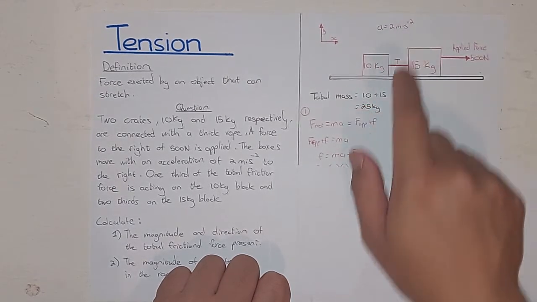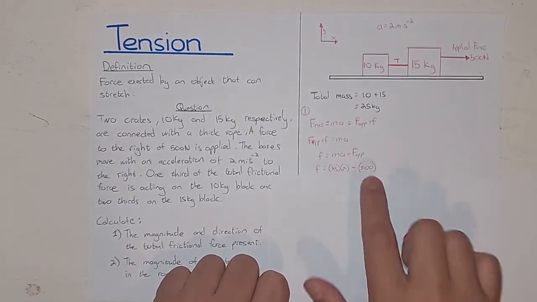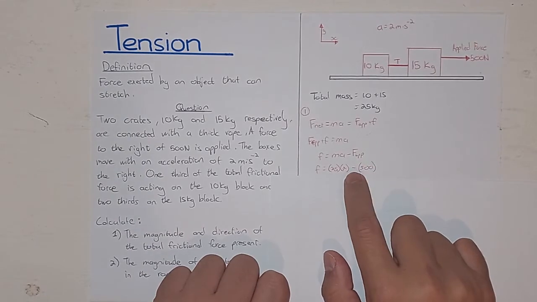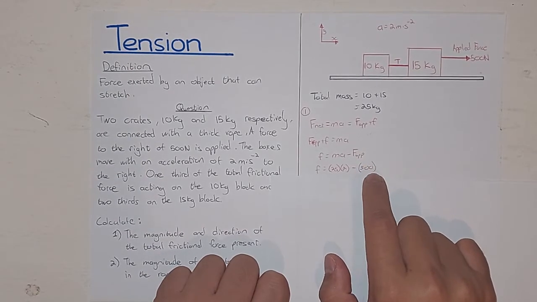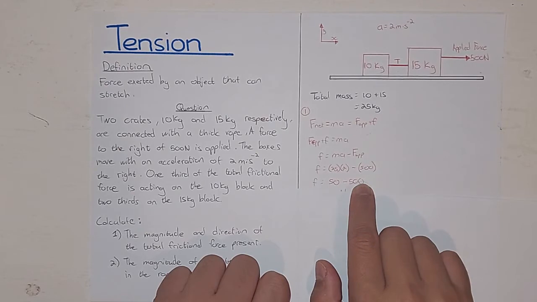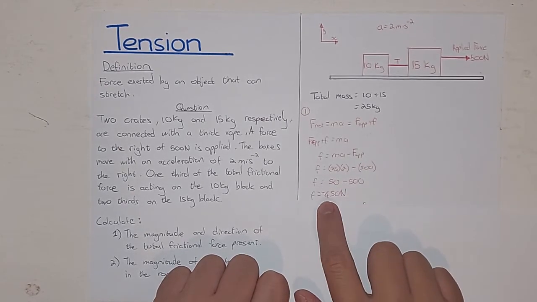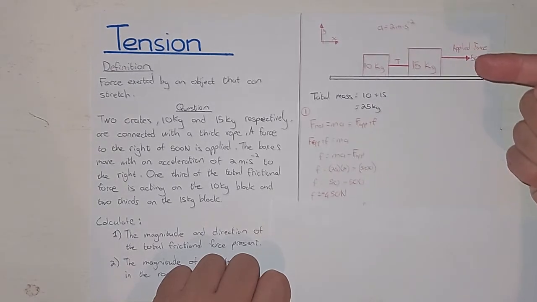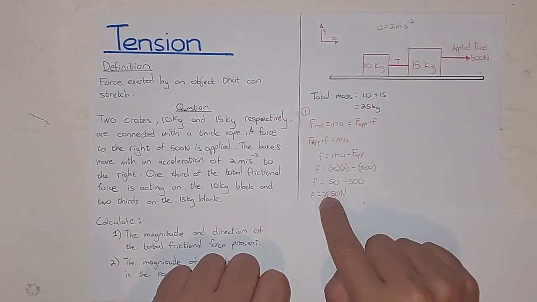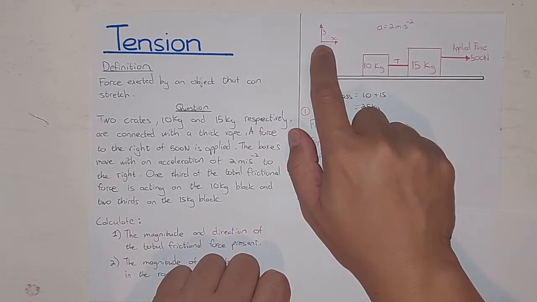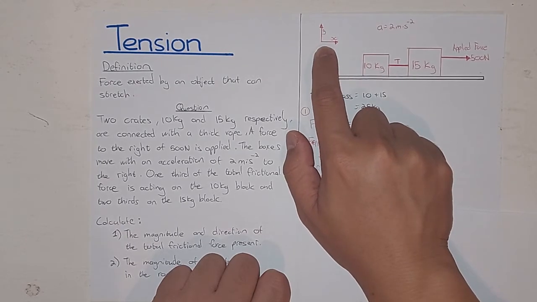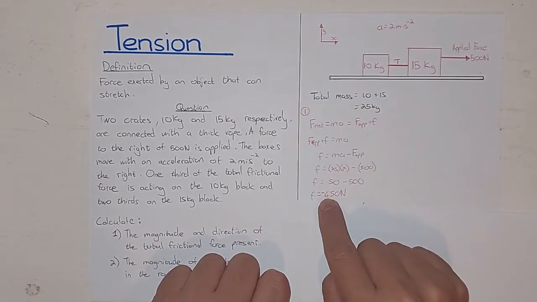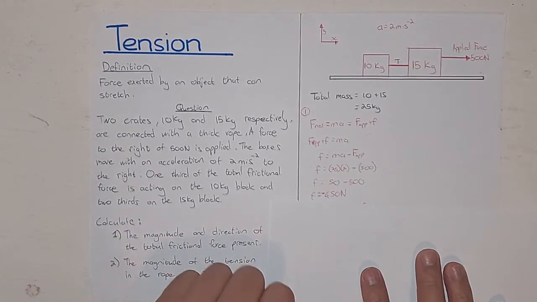My acceleration is 2, and my applied is going to be 500. Notice the negative 500 over here, which is going to be 50 minus 500, which is going to give me a total of 450 newtons, which is going to be to the left. Remember, my negative sign over here is just an indication of which direction it is going to be moving. So I can see this is going to be moving to the left over here.